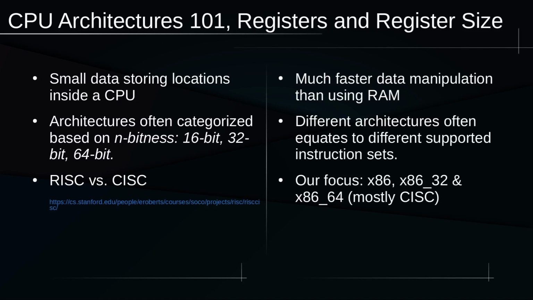The advantage is that the hardware is easier to build, and each instruction basically executes in one CPU cycle. And in some cases, if they're built right, they can be faster. But that's not always the case.